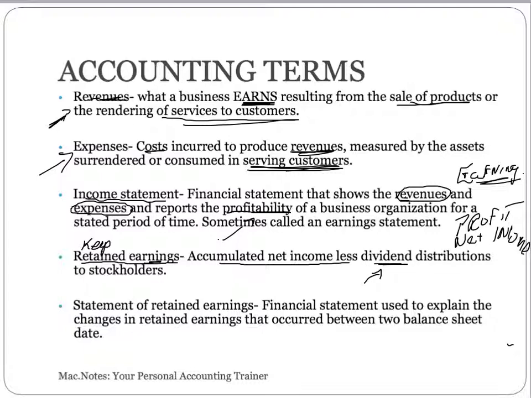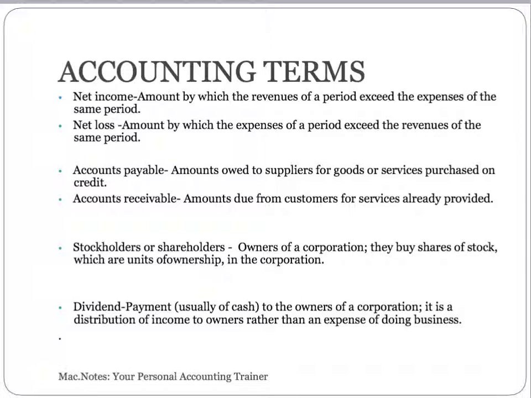Now, the income statement is also called a statement of operations. Statement of retained earnings is the financial statement used to explain what changes have taken place between two balance sheets. And we will talk more about that later. So as I said, profit, net income, is the amount by which revenues of a period exceed the expenses.